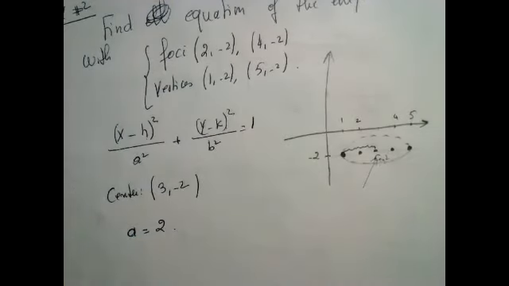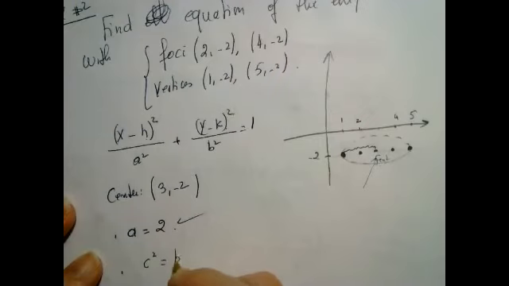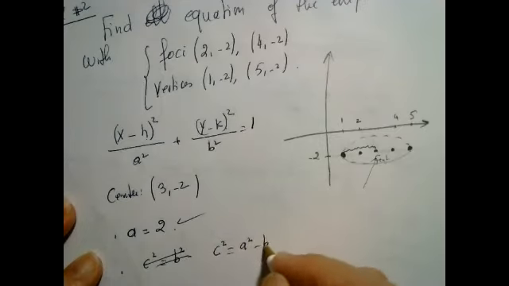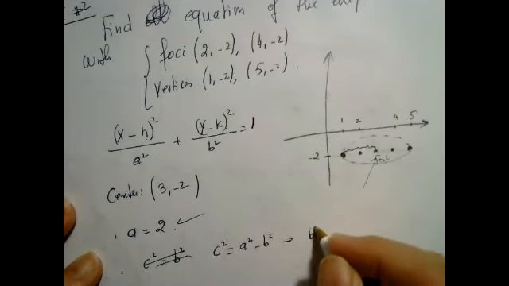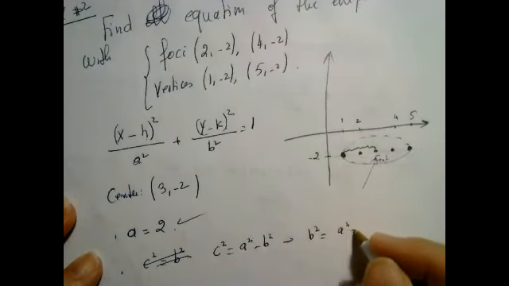Now I need the B. I need the relationship. So I have A done, now we need the B. Okay, what do we know? We know that C squared is B squared, no, sorry. In this case, it is A squared minus B squared. Means my B squared is A squared minus C squared.